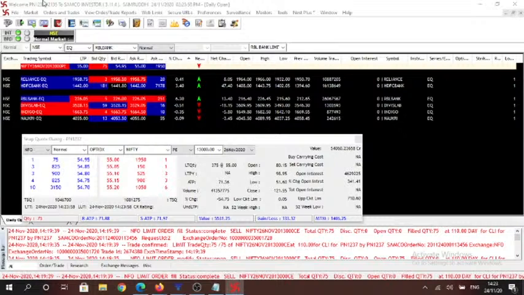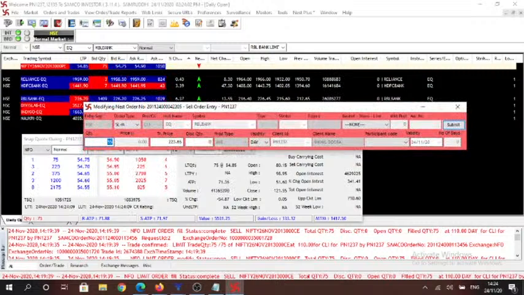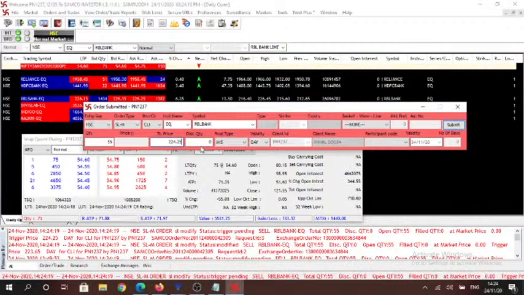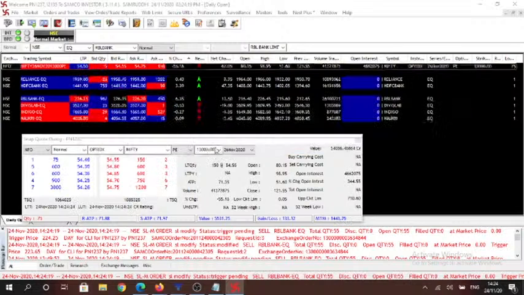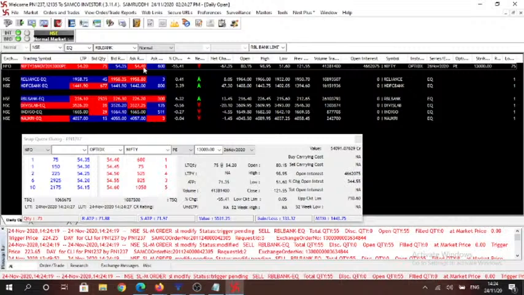We are going to modify our trailing stop loss for RBL Bank to 224.3. Yeah, 224.25. We have modified our trailing stop in RBL Bank. They're coming to sell again.